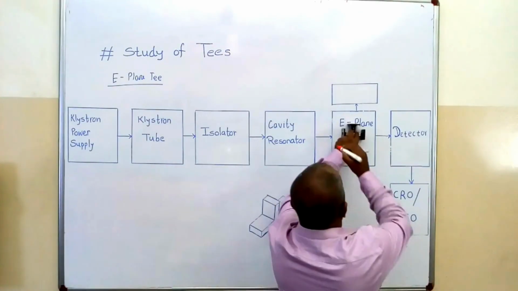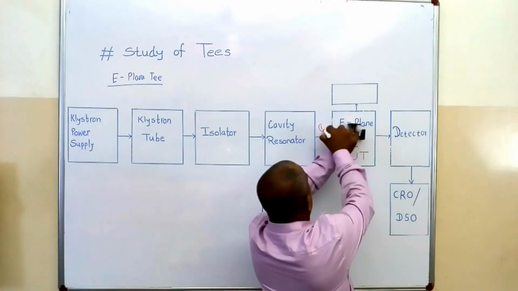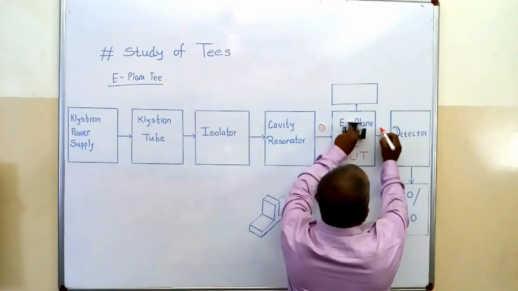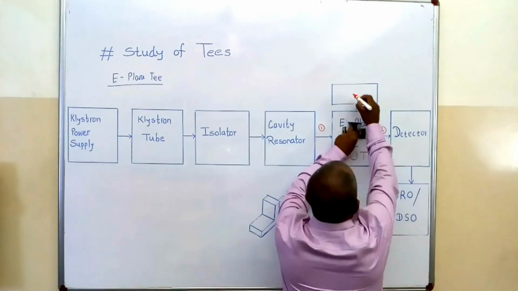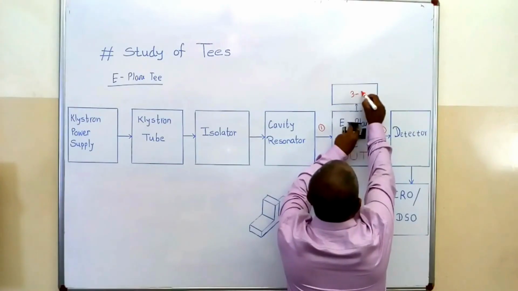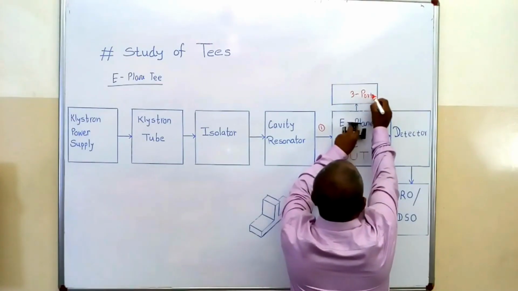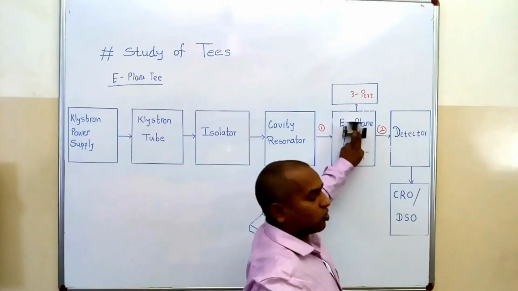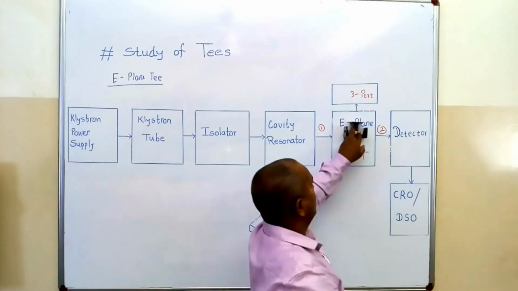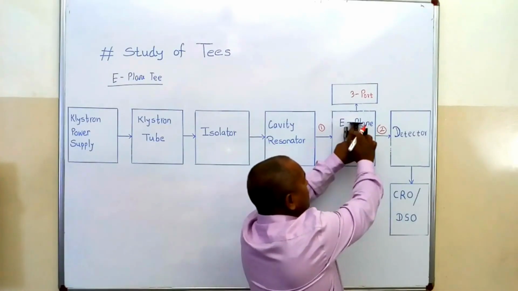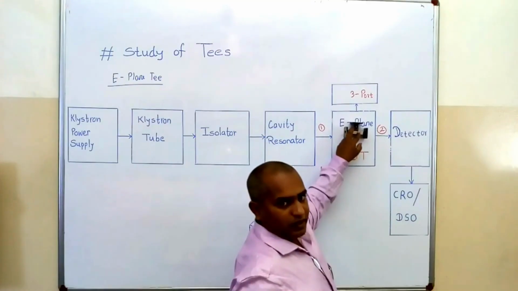Here this is my port 1, this is my second port, and this is my third port. So, got the point? That is the meaning of E-plane tee, why this plane tee is known as an E-plane tee.